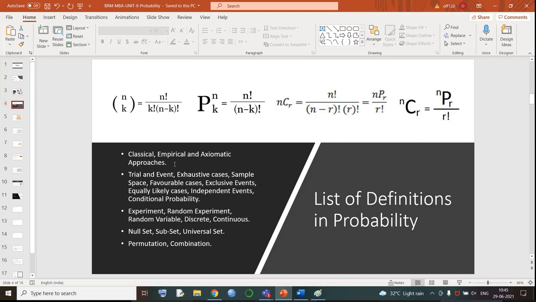The chance of getting an event, like expecting an even number out of a die, or expecting a head out of a coin, that is called probability. The chance of getting an event is called probability. The basic formula of probability is the favorable number of cases by the total number of exhaustive cases. Now let us see what we mean by favorable number of cases and what exhaustive cases are.